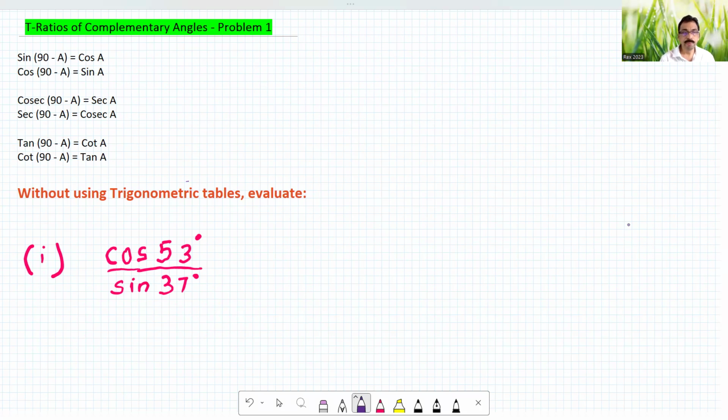In the previous session, we looked at the 6 relations with respect to complementary angles.